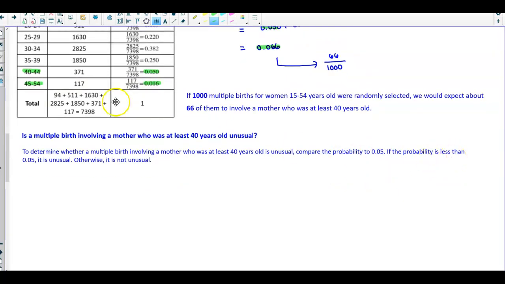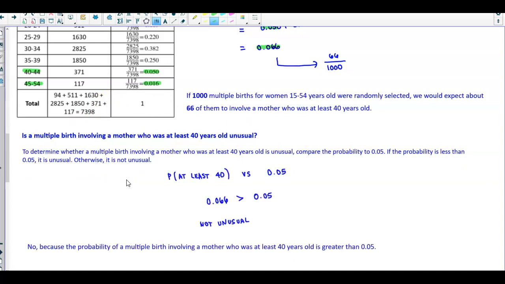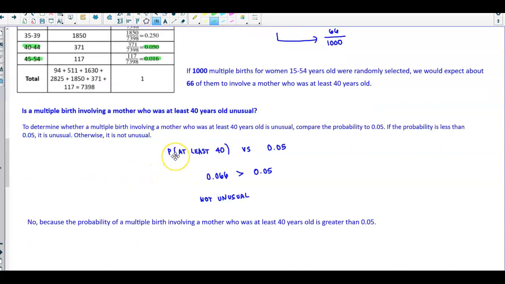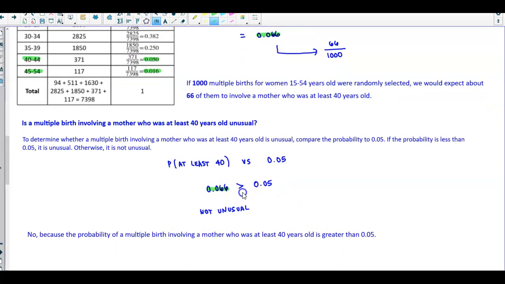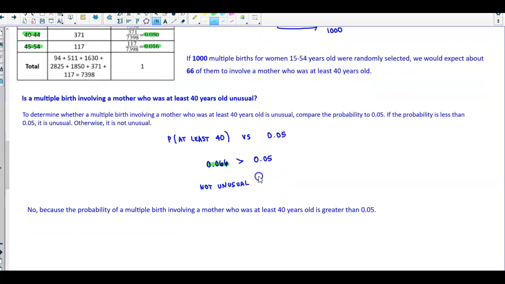If the probability is less than 0.05, it is unusual. Otherwise, it is not unusual. So we're going to compare the probability of at least 40 versus 0.05. From our result, we see that 0.066 is actually greater than 0.05, and since it's greater than, we would say that it's not unusual.